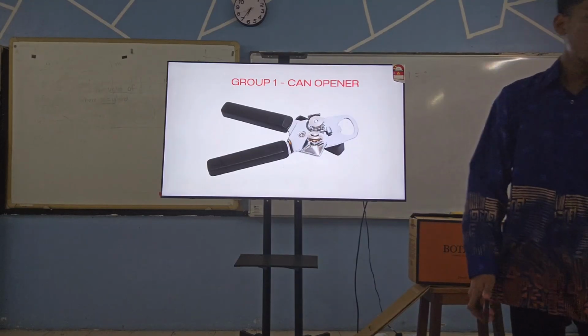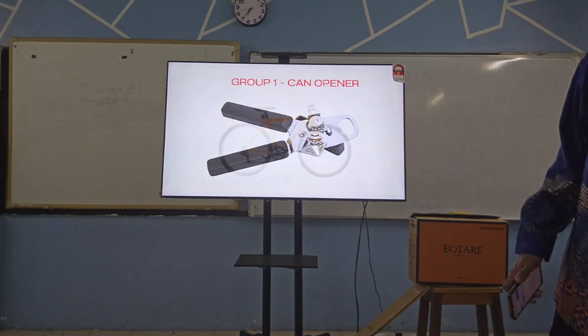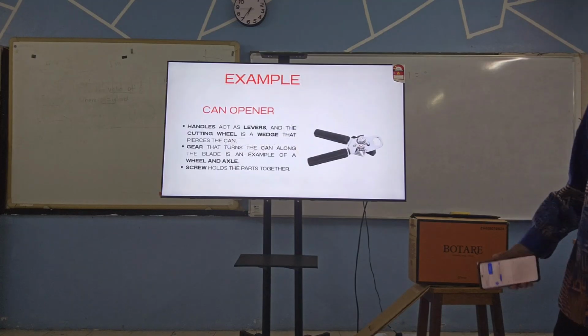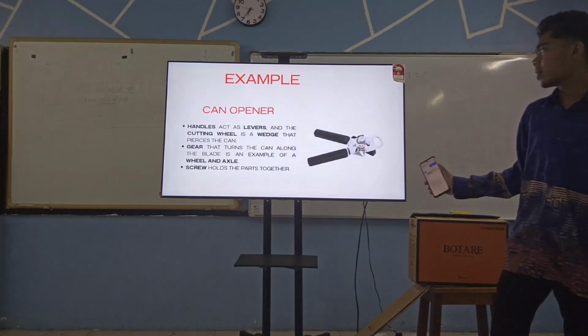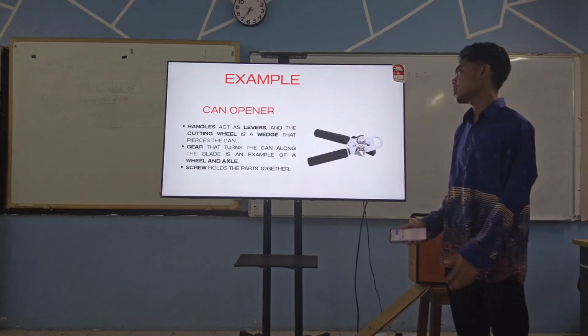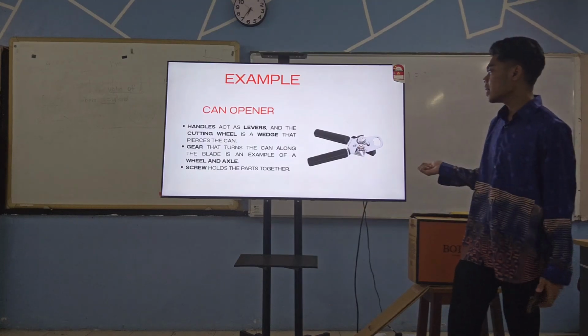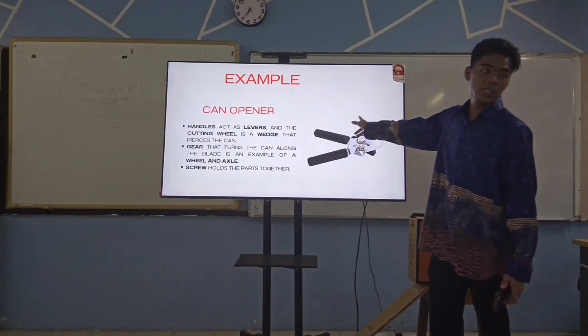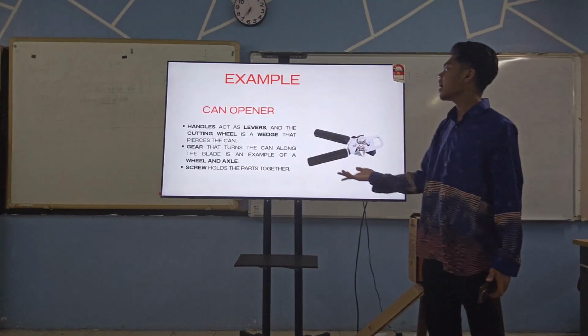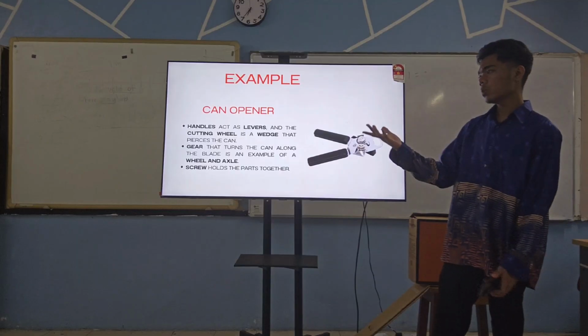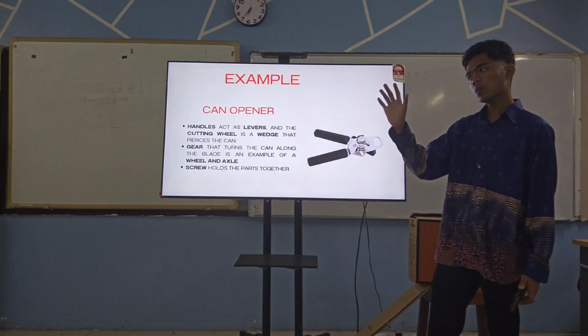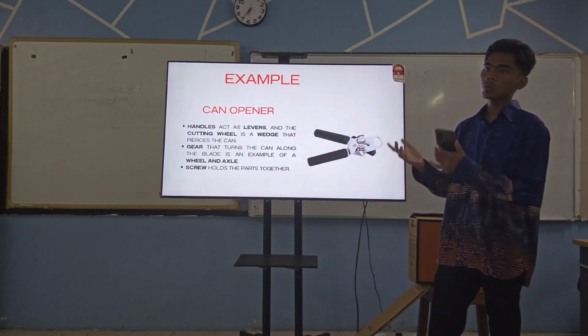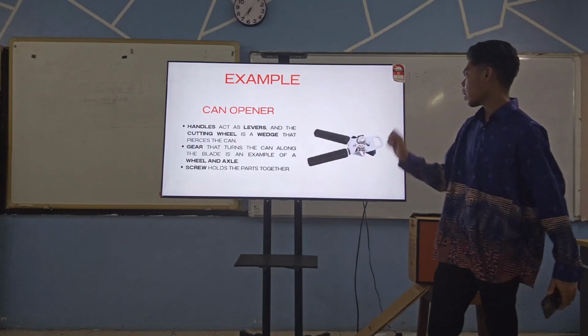So next, we can see the answer. This can opener is actually a lever and a wedge. The handles, which we see right here, the black one, act as a lever, which we use to push with our hand. We use force from our hand.